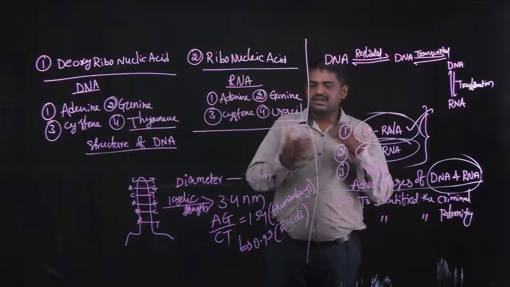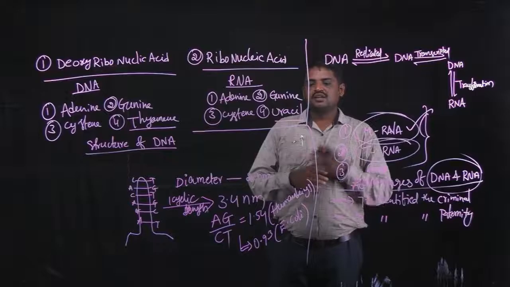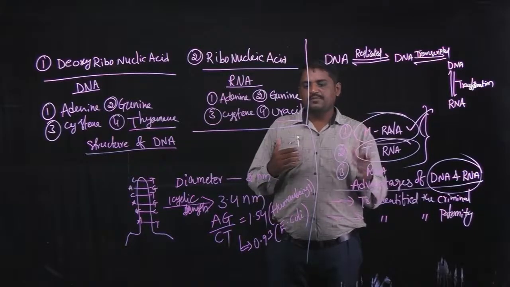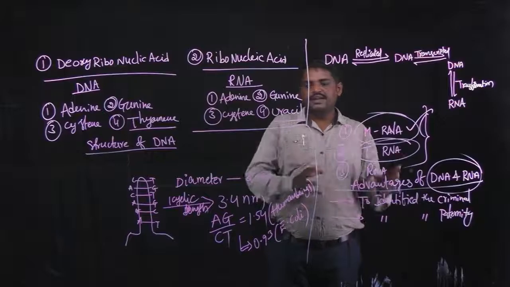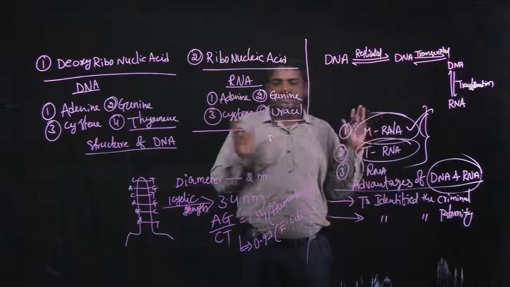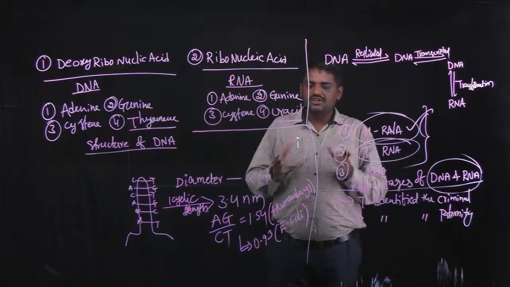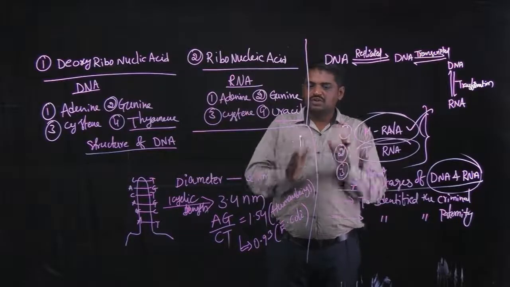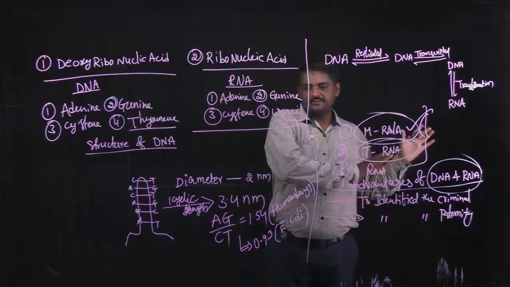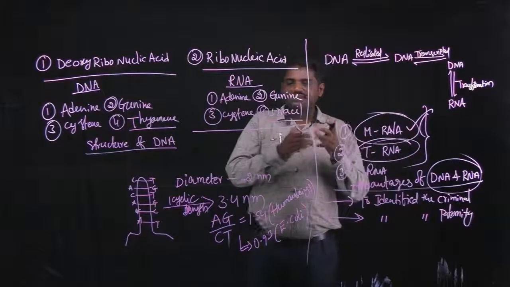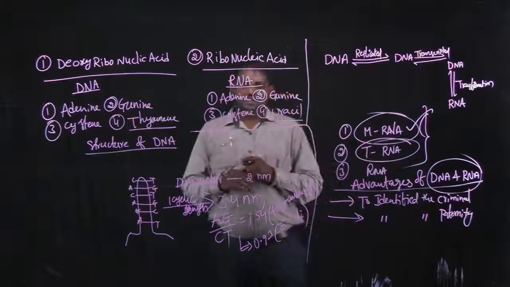Next, construction of nucleic acid. Nucleic acid construction follows two steps. Step 1, the sugar and a base are joined at the 1,9 position. The second step is the addition of a third molecule, so sugar, base and phosphate. The base and the phosphate are linked at the 1,3 positions.